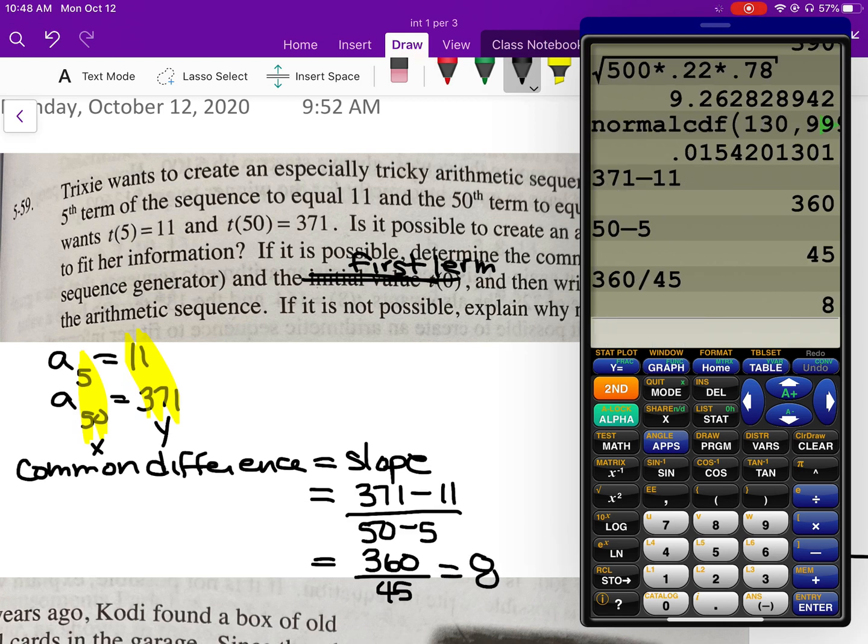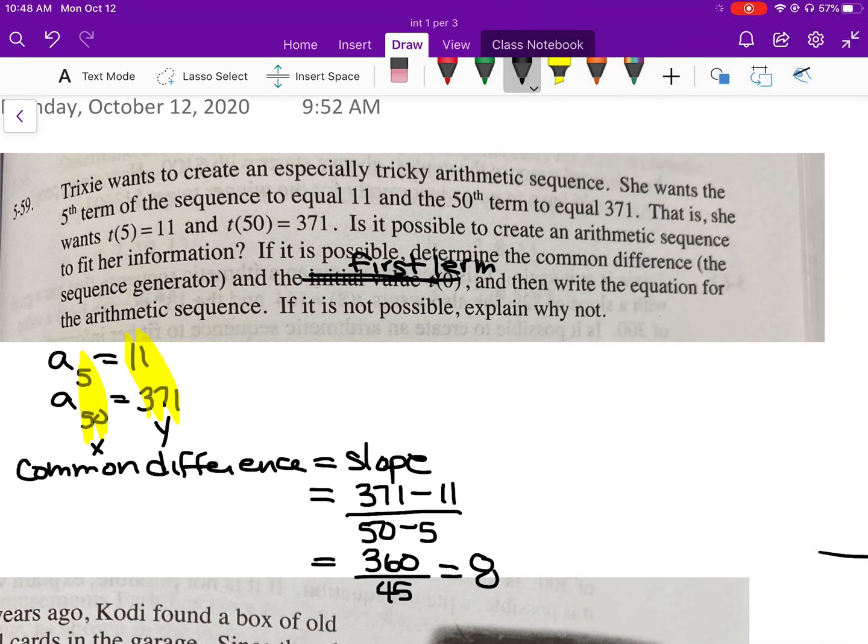I got 8. So far, so good? So old material, right? Finding slope, very similar to what we did before, just looking at it a little differently.